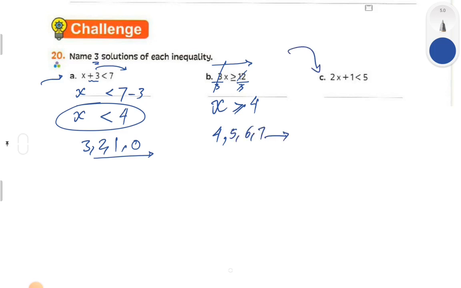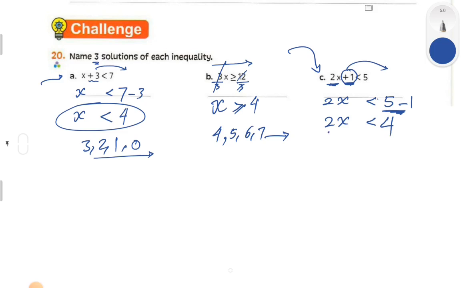Last challenge, we have 2x plus 1 less than 5. When I have plus or minus and multiplication, start with plus 1, move it to the other side. So 2x without any change less than 5. But I have plus 1, so here it will be negative 1. So 2x less than 5 minus 1 equals what? Equals 4.